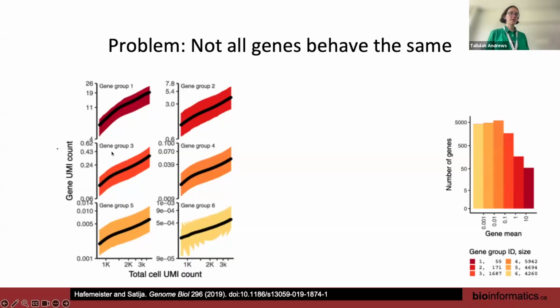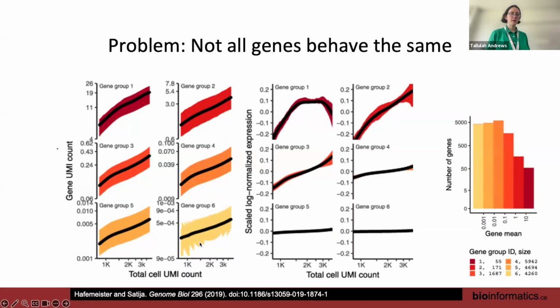And these are pooled from the most highly expressed genes up here to the most lowly expressed genes down here. This is what happens if we use the counts per million normalization and then log transform those values.